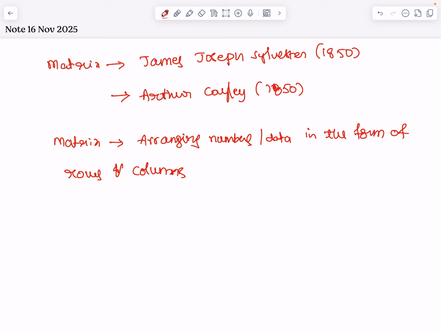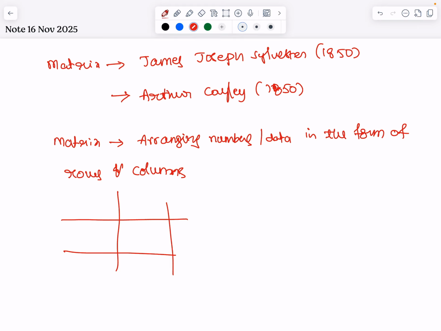That is, something is of this form. We call it, these are rows, and these are called columns. So vertical lines are called the columns, horizontal lines are called the rows.